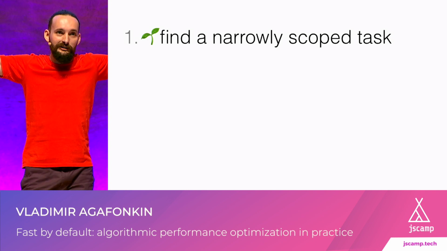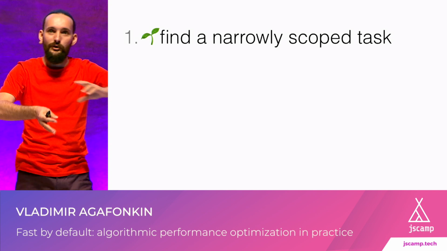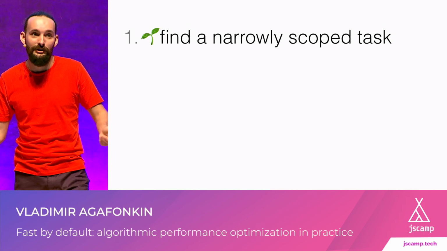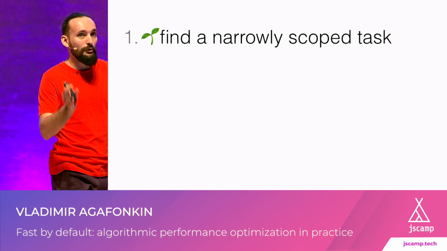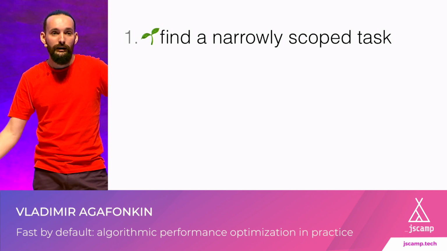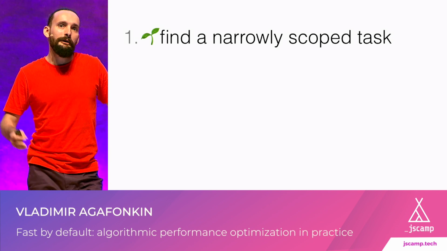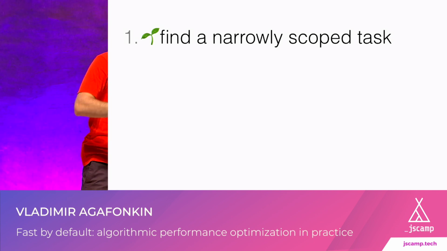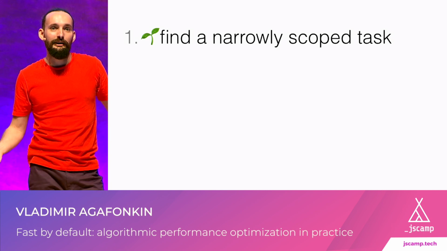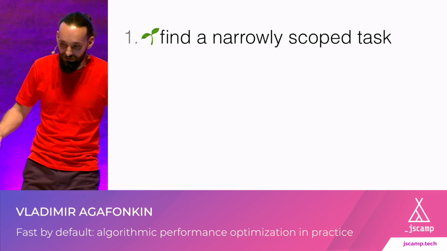Within this huge complex project, which is called Mapbox.gl, I find a narrowly scoped task, which can be an algorithm or a data structure or any kind of small task that is small enough to be able to implement in like 1 week, small enough to not spend too much time maintaining it, and I cut it out into a separate open source library that's general purpose and can be used by other projects.